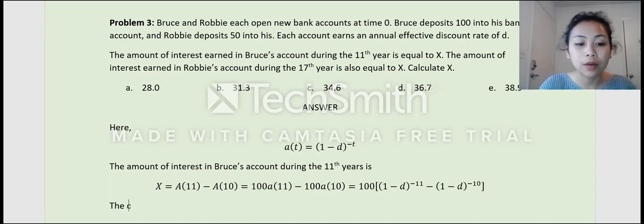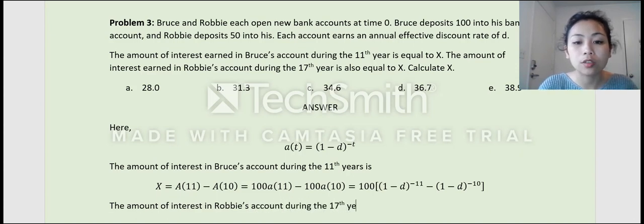So the amount of interest in Robbie's account during the 17th year is also x.